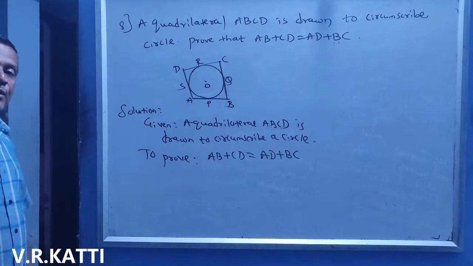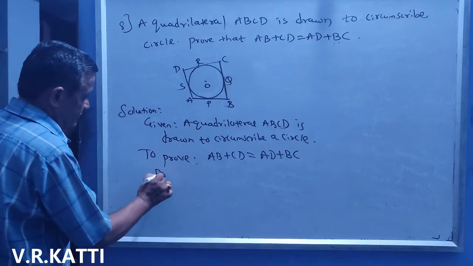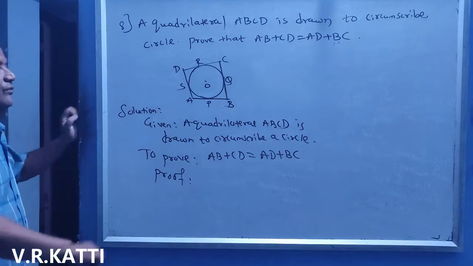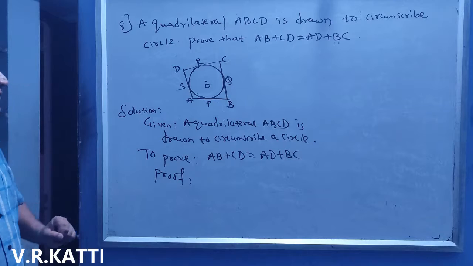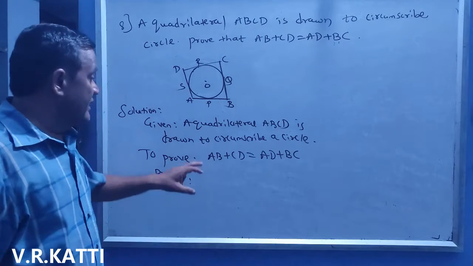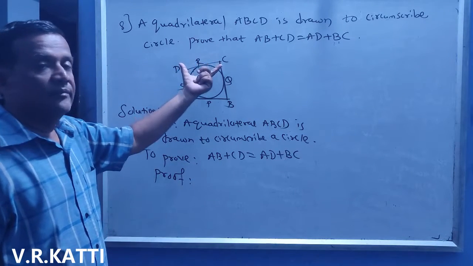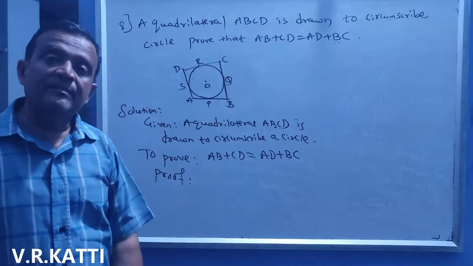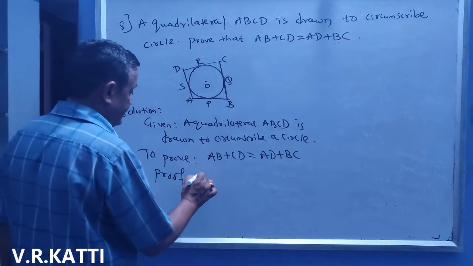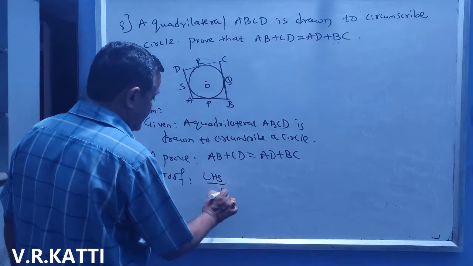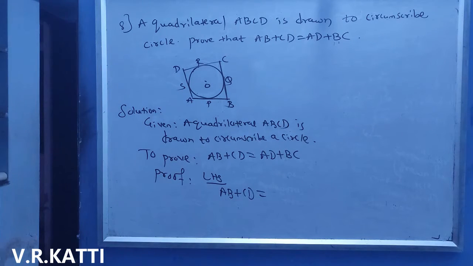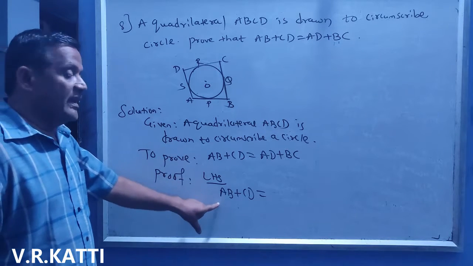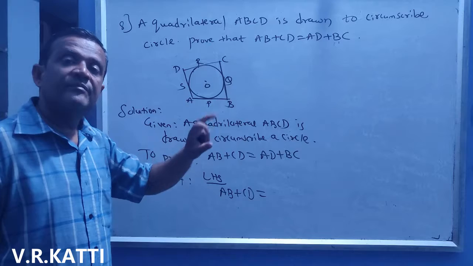Yes, proof. Students, first write LHS. What is LHS? LHS is AB plus CD. So AB is AP plus PB.